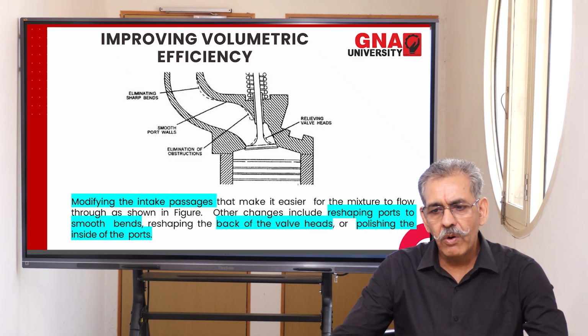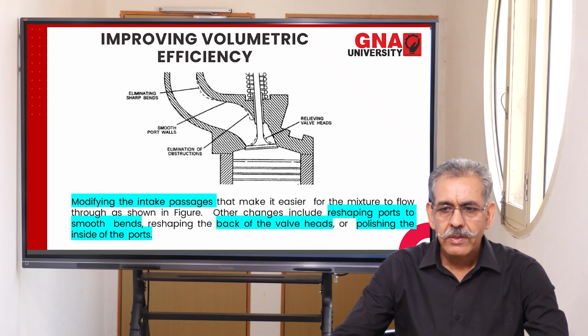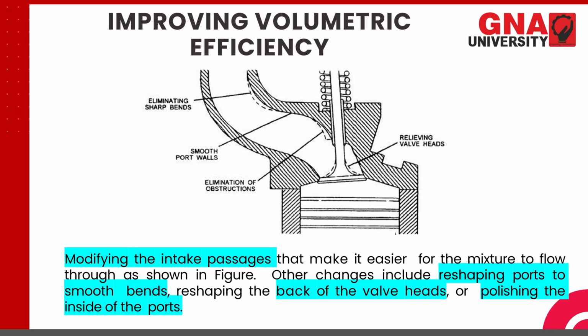Now, improving the volumetric efficiency. The volumetric efficiency of an engine can be improved by modifying the intake passages. How can we modify? Like shown in this figure, you have a curve here. So you can see the dotted lines. This earlier dotted line had a sharp curve.